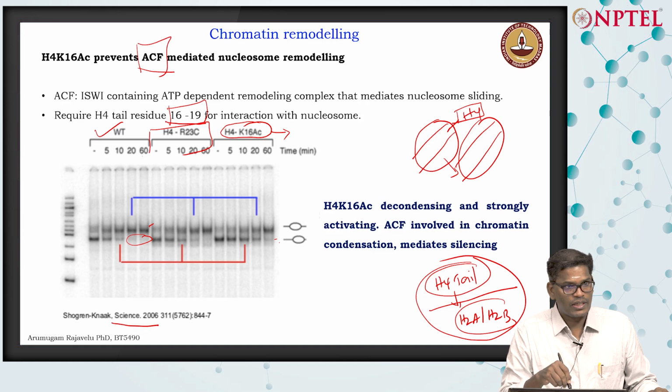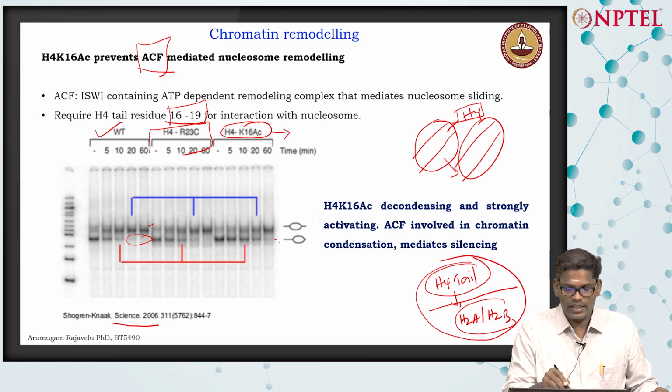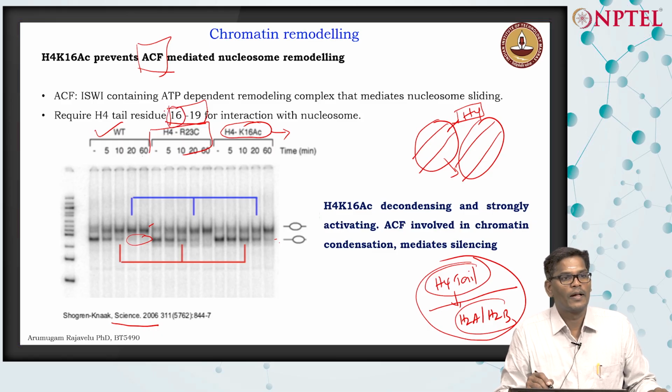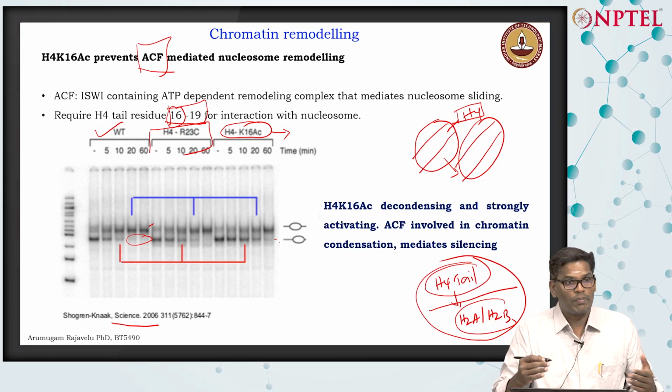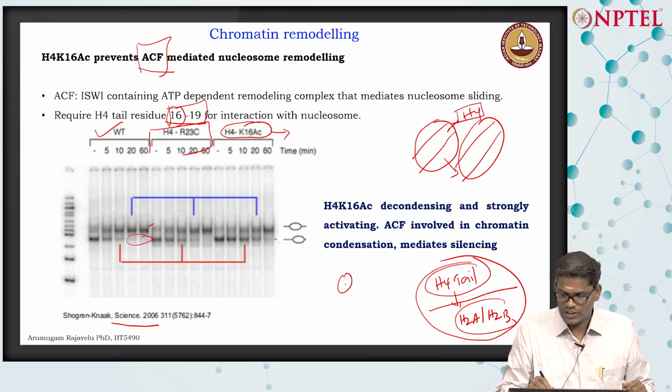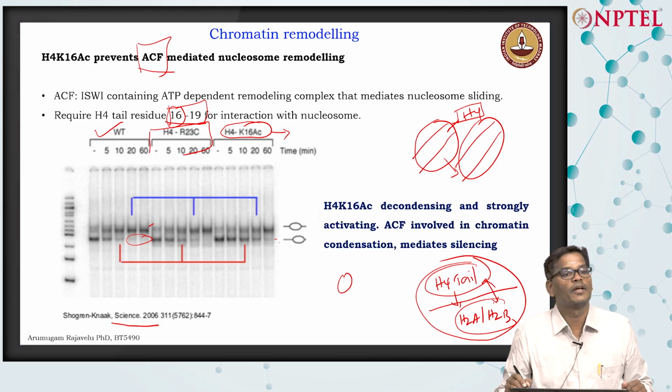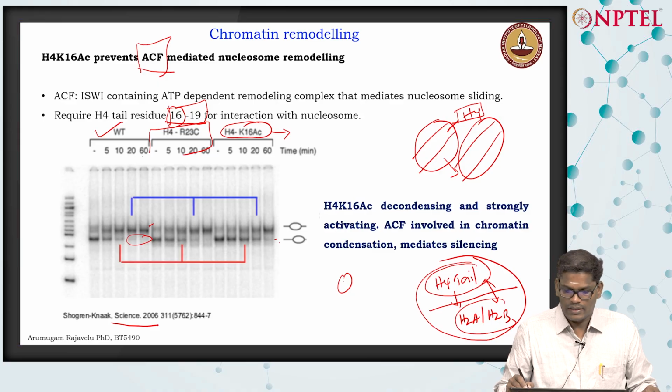They went ahead and showed that acetylation of these particular positions, the 16th position of histone 4 protein, plays a very important role in disrupting this H4 versus H2A, H2B interaction, and then ACF gets disrupted.